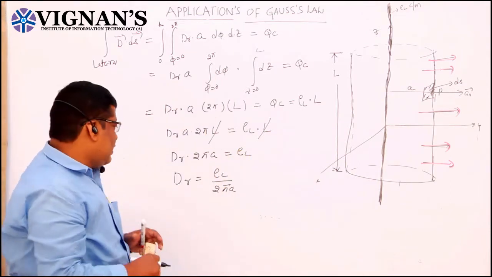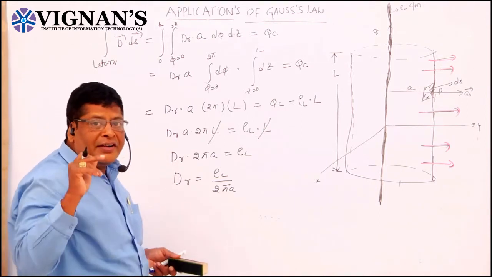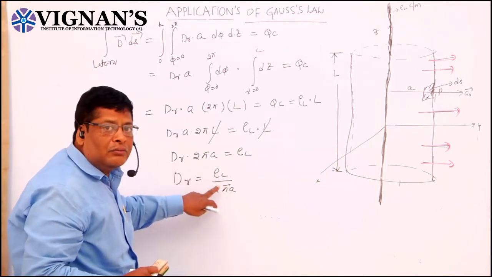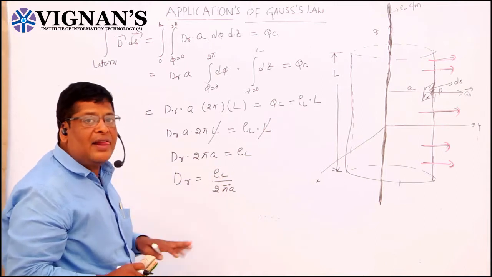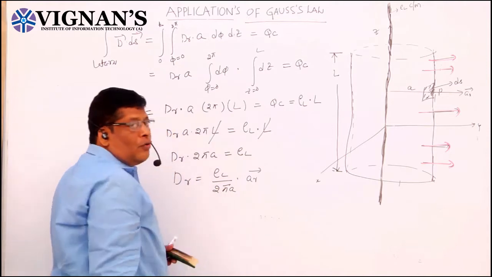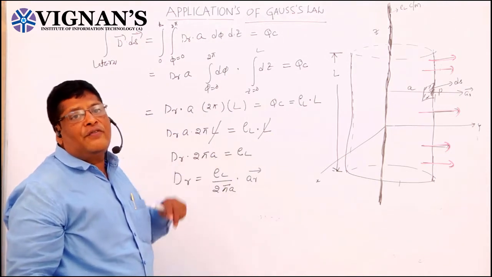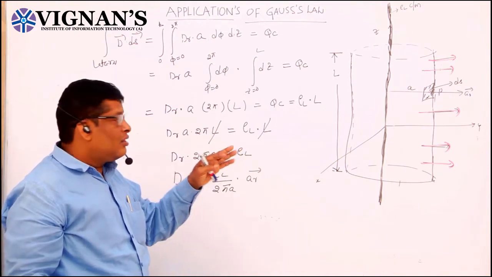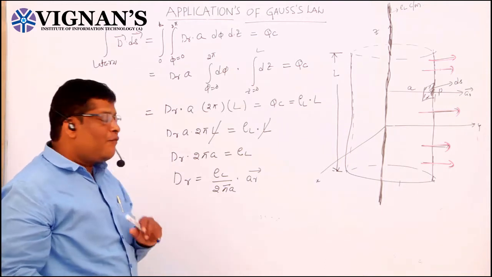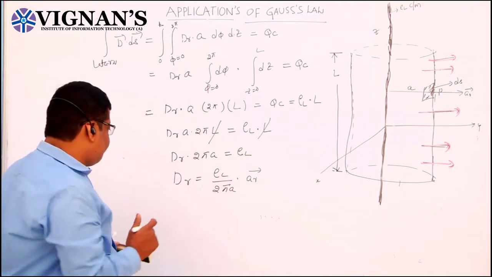Now, if we want to find the electric field intensity, this is only the magnitude. For this we add the direction, a_ρ bar. What is the direction of this flux density? It will be in the direction of the radius of the cylinder. Now, to find the electric field intensity, there is a relation between the flux density and the electric field intensity.